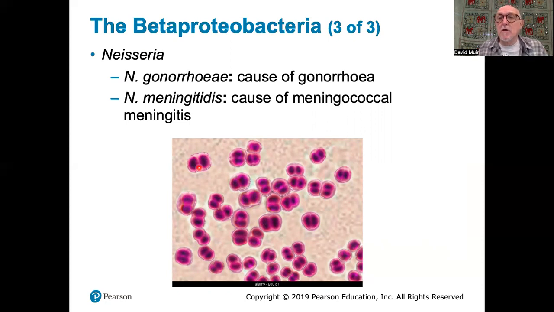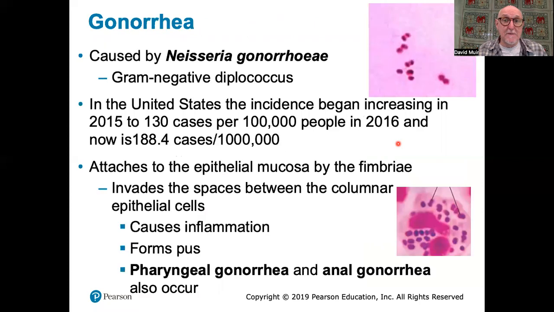This is called meningococcal meningitis. There are a couple of other bacteria that will do a similar thing, but meningococcal meningitis is the most common. And so these two diseases between them are very, very significant in human systems.